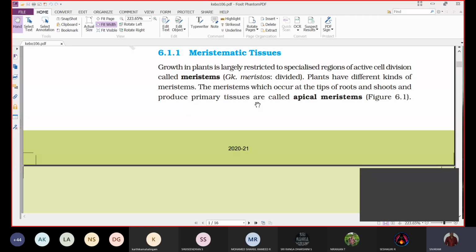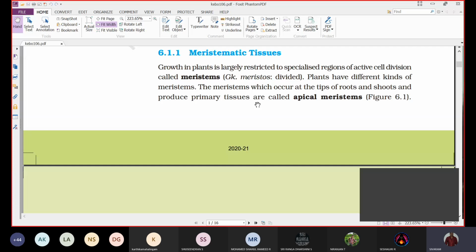The cell division only occurs in those specialized regions, and those regions we call meristems.